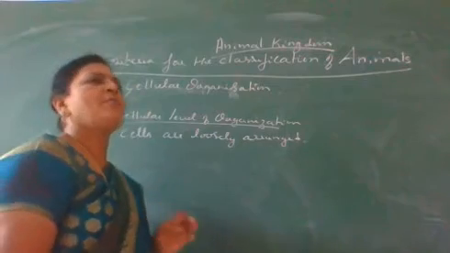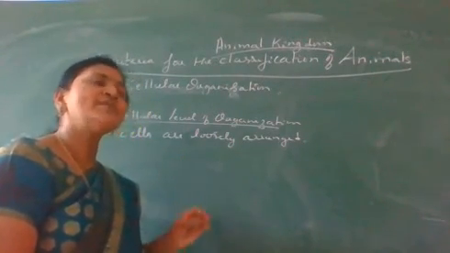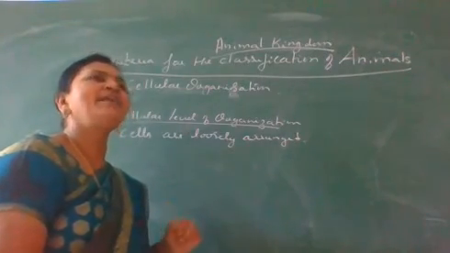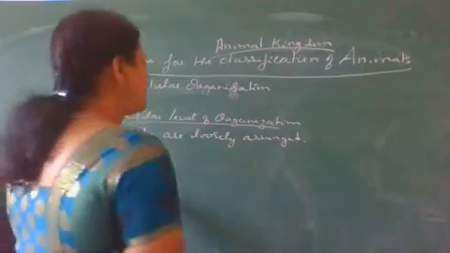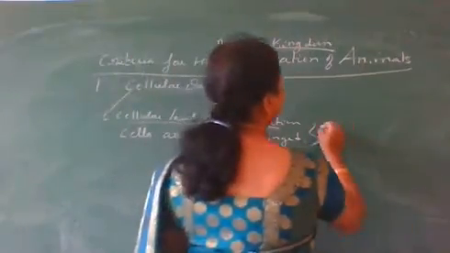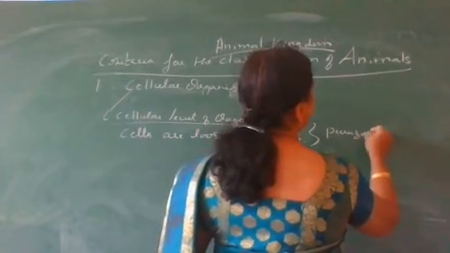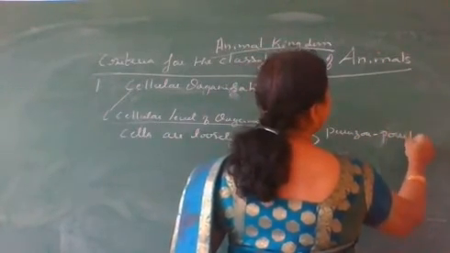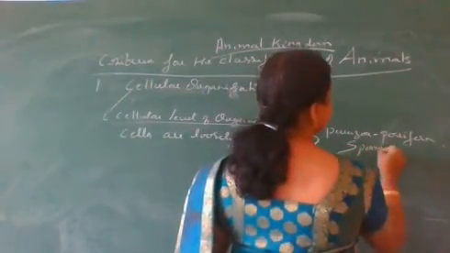Metazoa, multicellular animals, which show loosely arranged groups of cells without tissue organization are nothing but parazoa, that is represented by one phylum called Porifera, or we can say sponges.